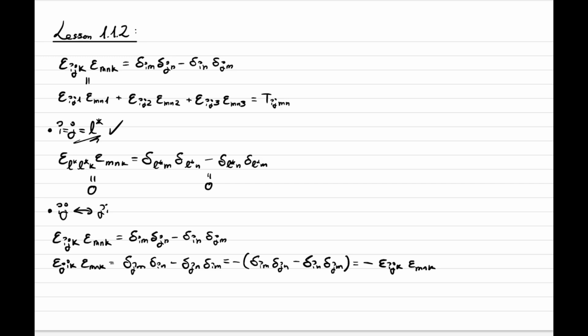And as we have said before, this also is a demonstration for the mn indices, because we could swap these Levi-Civita symbols, and the same proof would apply for this situation. So we have demonstrated the cases for both indices being equal and interchanging the indices.